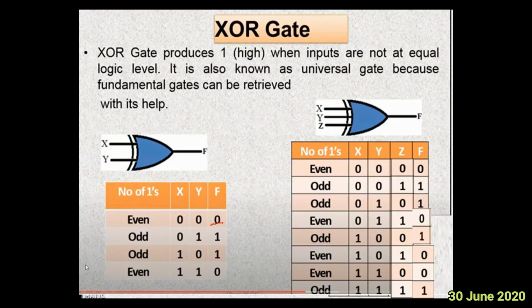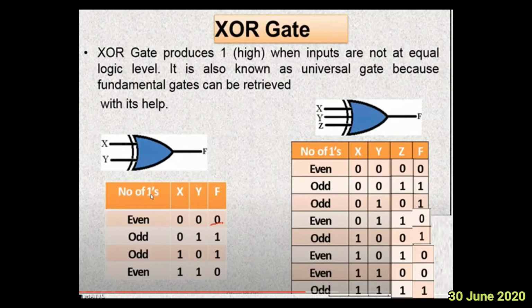Another way of telling the truth table of the exclusive OR gate, irrespective of the number of inputs: if the number of ones in the row is even, then the output is 0.